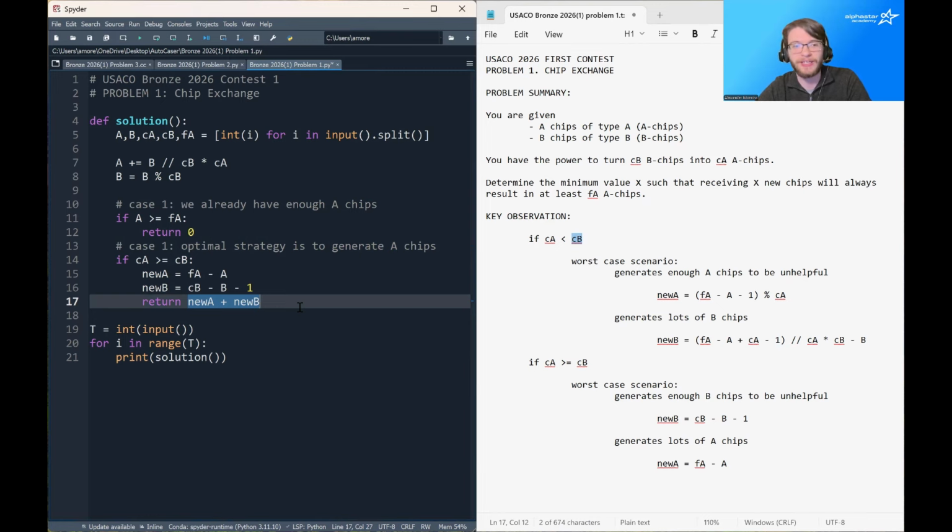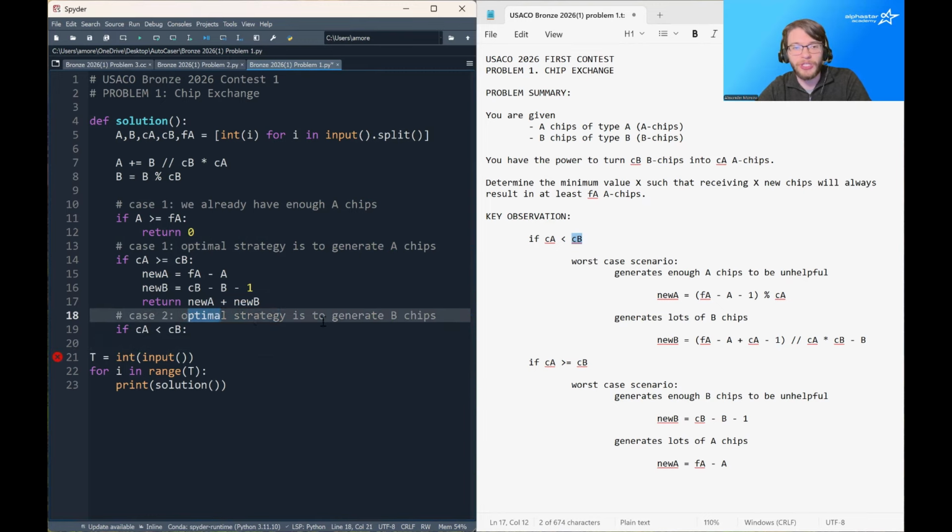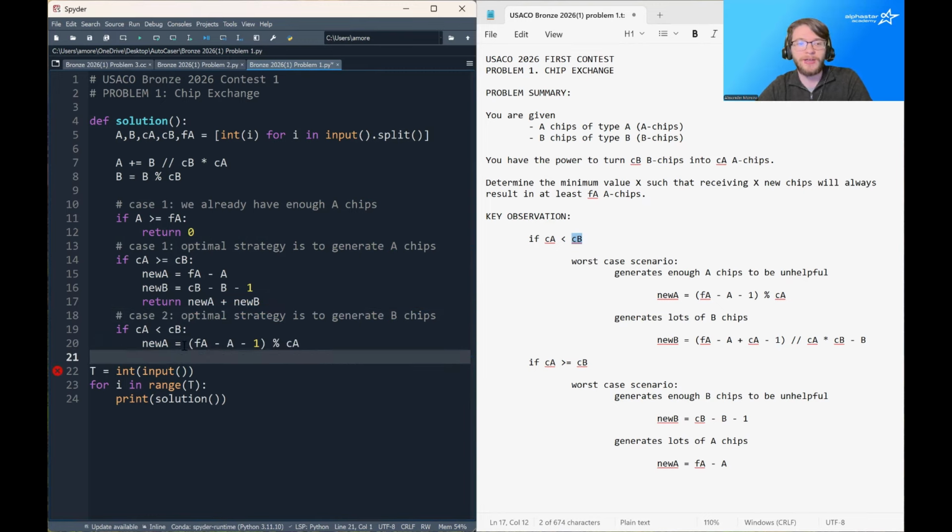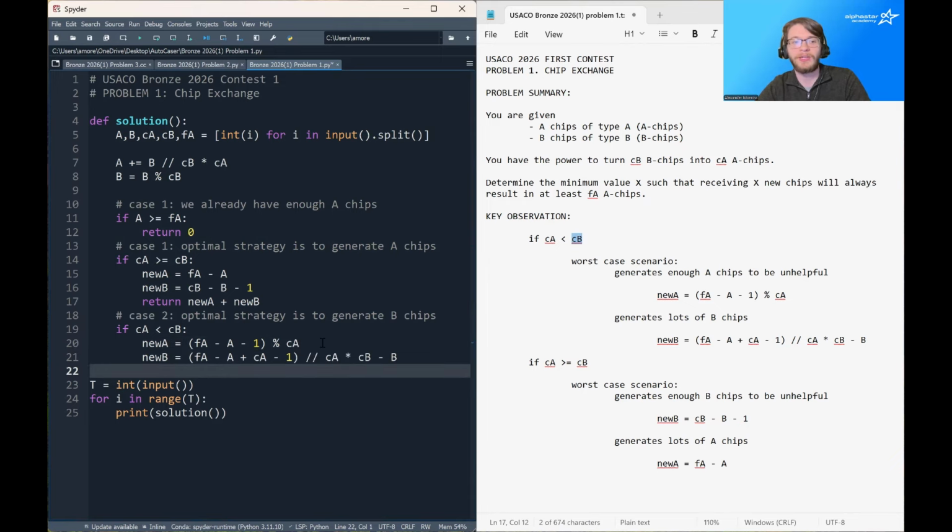On the other hand, if it is better to generate B chips, then we are going to generate just enough A chips to be unhelpful. And then we're going to primarily generate the rest of our chips using B chips. And we're going to do the exact same thing here, but we just account for that conversion ratio, right?